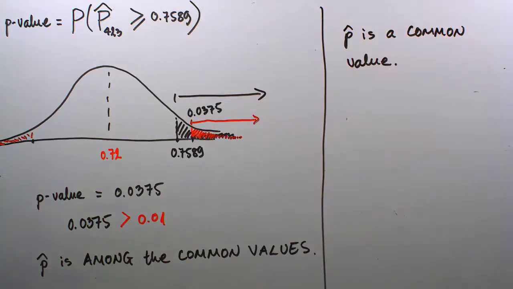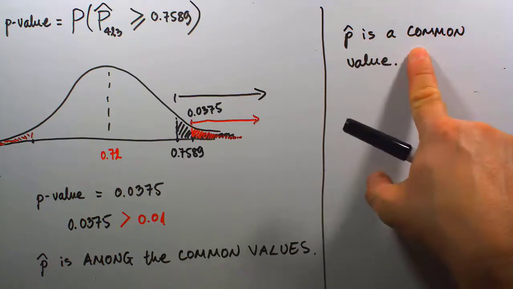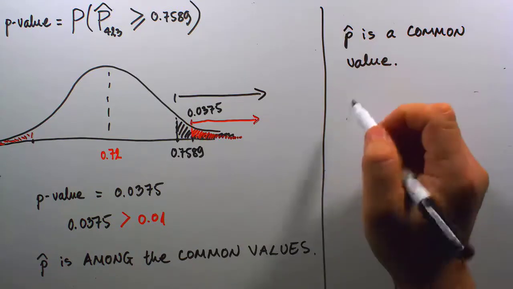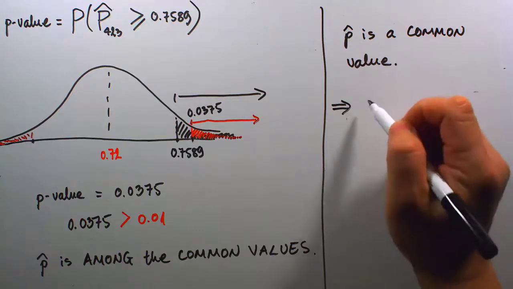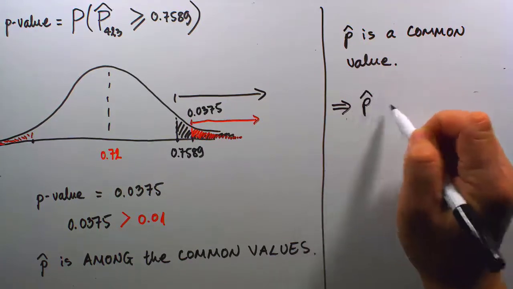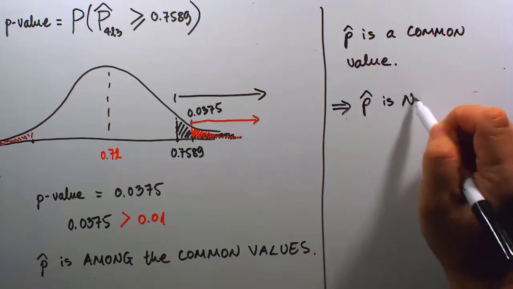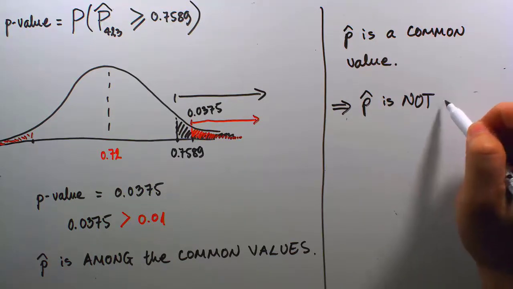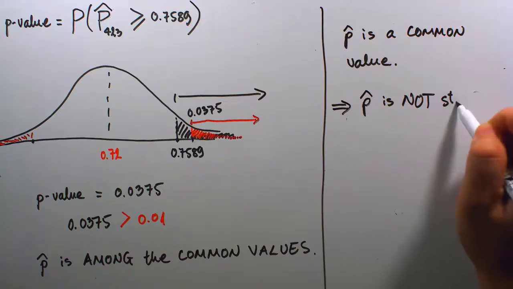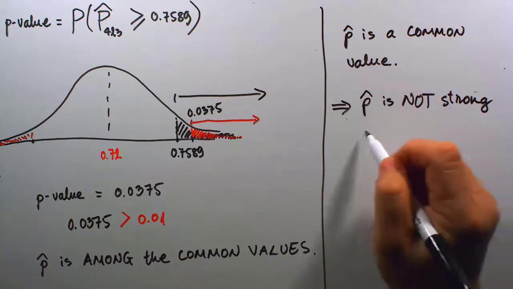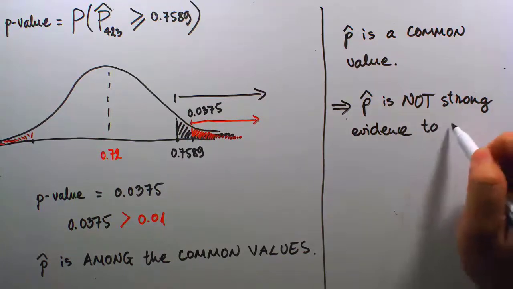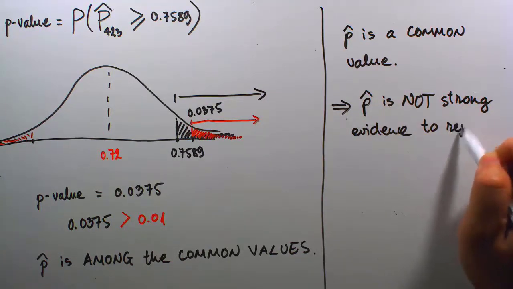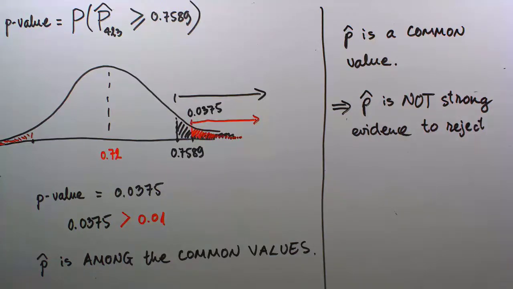All right. And so, with our p hat now proven to be a common value, that leads to our final conclusion here, saying that p hat is not showing strong evidence, or p hat itself is not strong evidence enough to reject H sub 0.